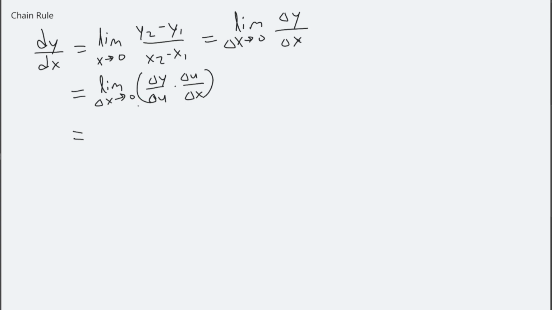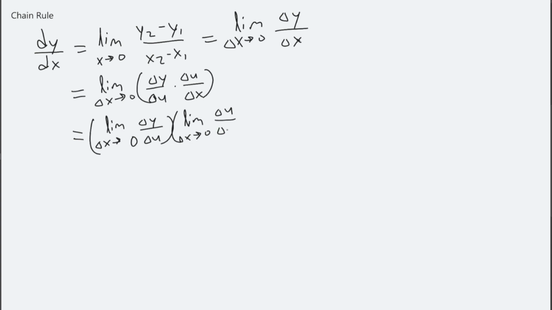Now we can apply the product property of limits and separate the two limits. We're going to get the difference in y over the difference in u, delta y over delta u, multiplied by the other limit. This is the limit property, the product property. We're just going to separate these two limits as is.